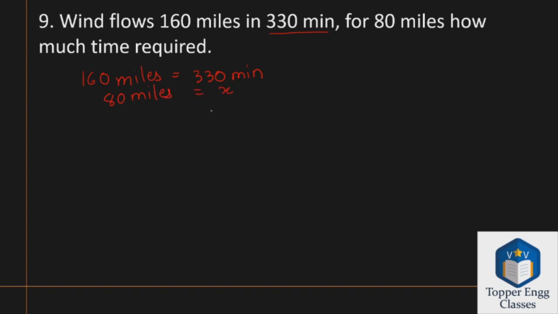X. So we have to find the x here, nothing else. So it will become 330 into 80 upon 160. That will be our x. That is 165 minutes. This was the easiest question I have ever seen in TCS.